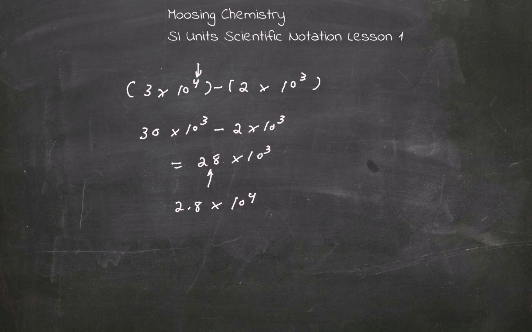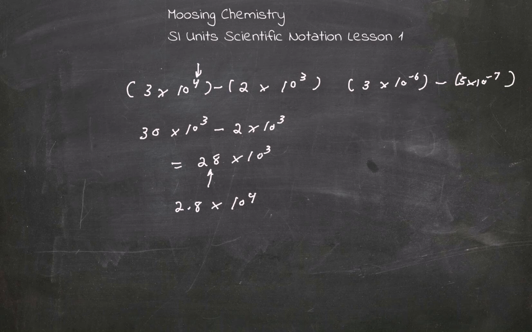Okay, let's look at one more in that area, and then we'll be done. All right, let's say, for example, let's do a double negative. Let's get really cool here. 3 times 10 to the negative 6 minus 5 times 10 to the negative 7.